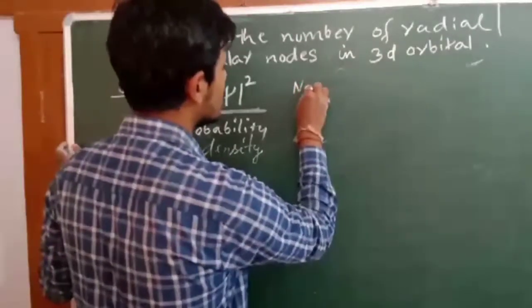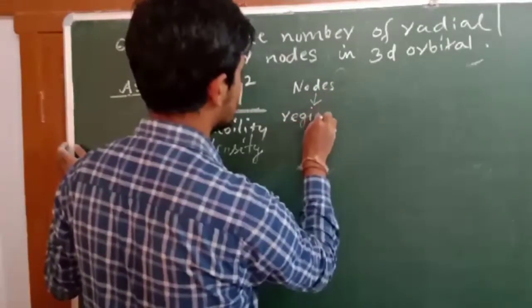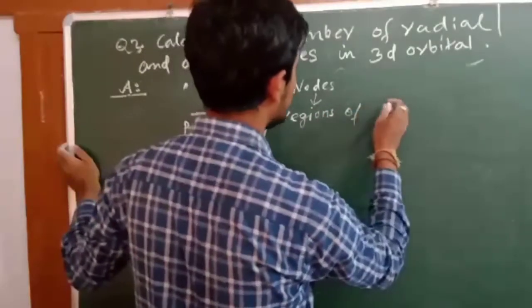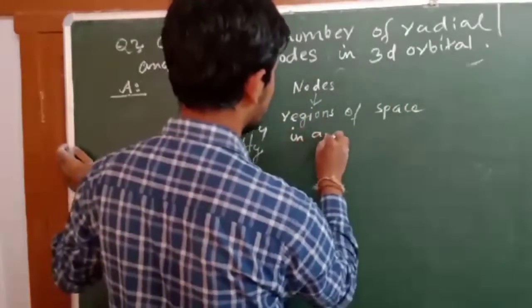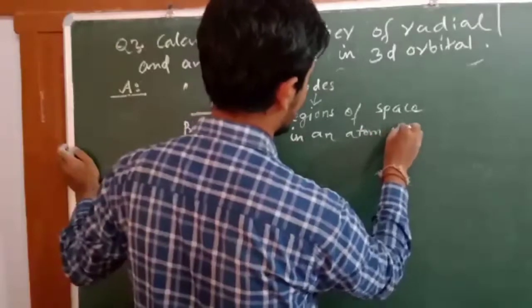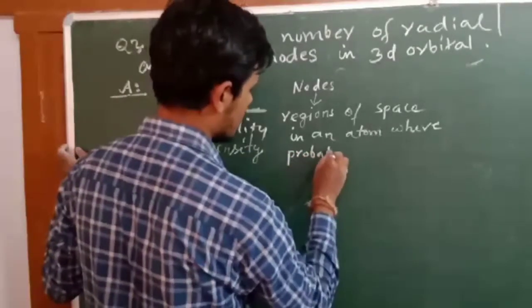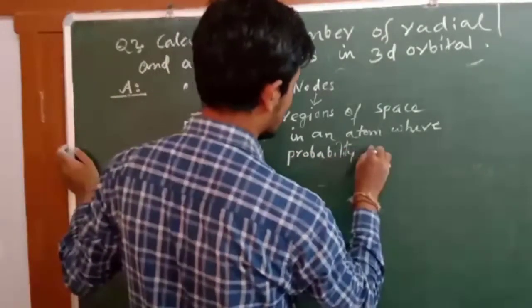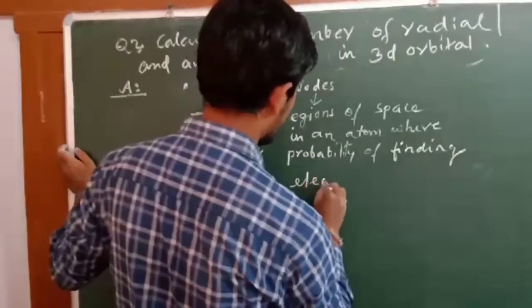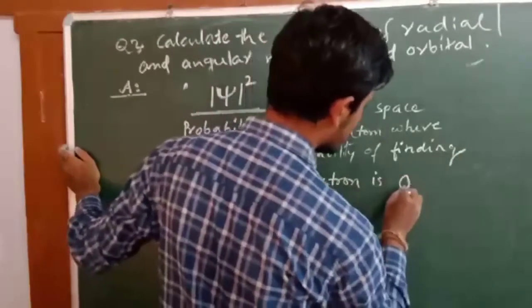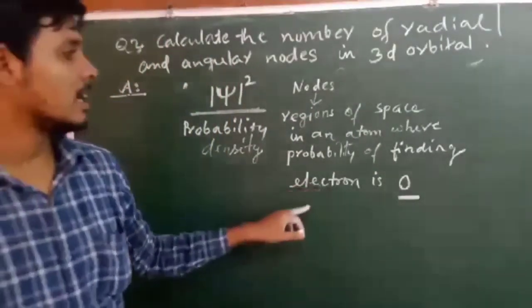So nodes are regions of space in an atom where the probability of finding an electron is 0.